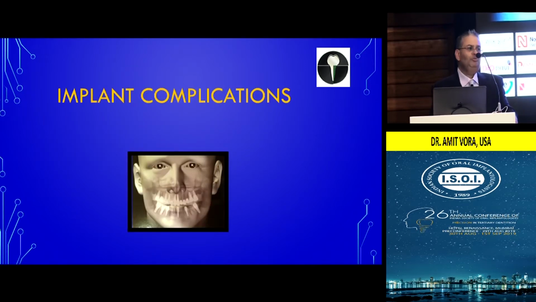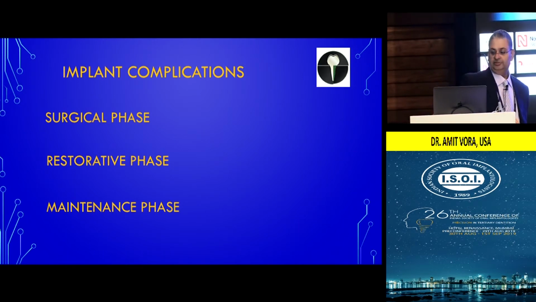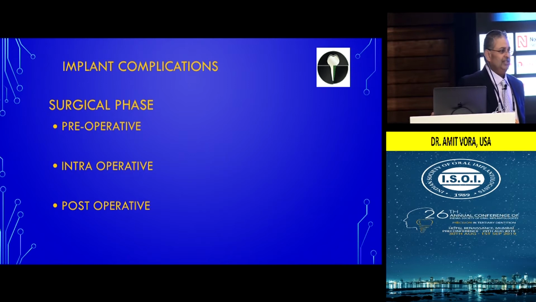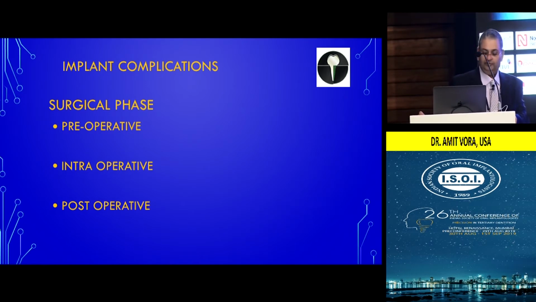So just to discuss briefly complications related to implants. They're broadly divided into surgical phase, restorative phase, and the maintenance phase. In the surgical phase, it could be during the preoperative time, during the actual procedural time, or post-operative.